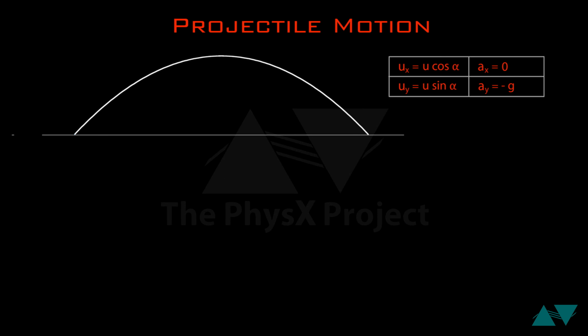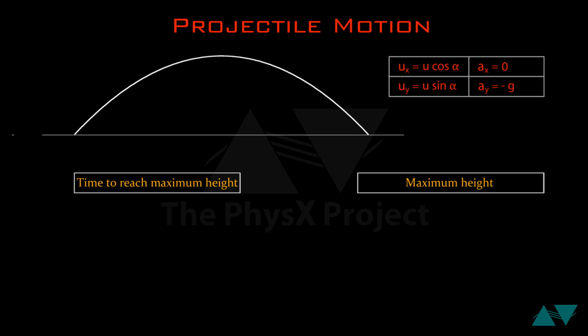Now we will derive the equations to find the time it takes to reach the maximum height and the maximum height itself. If you observe the pathway, you can easily understand that the maximum height is right in the middle of the pathway, and the pathway is symmetric about that maximum height. If you watched the video closely so far, it should be already permanent in your head that the horizontal velocity component remains the same throughout the journey.